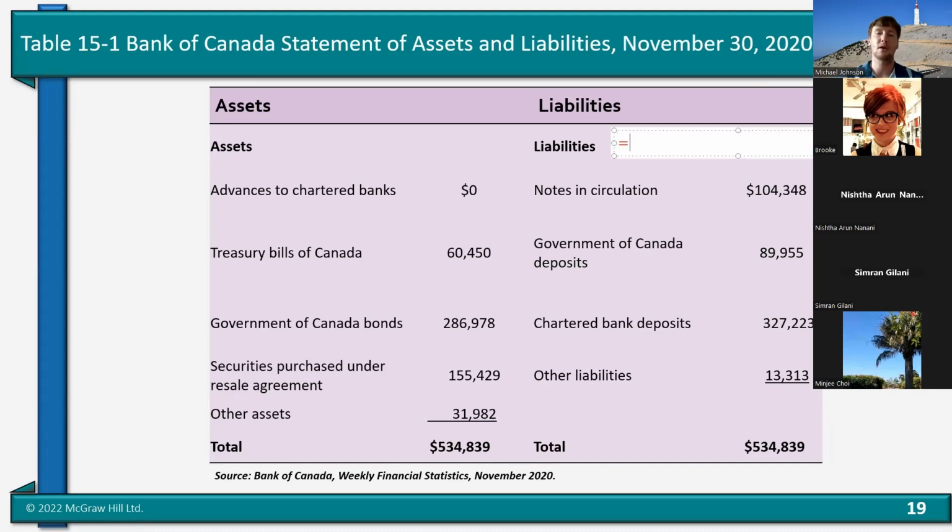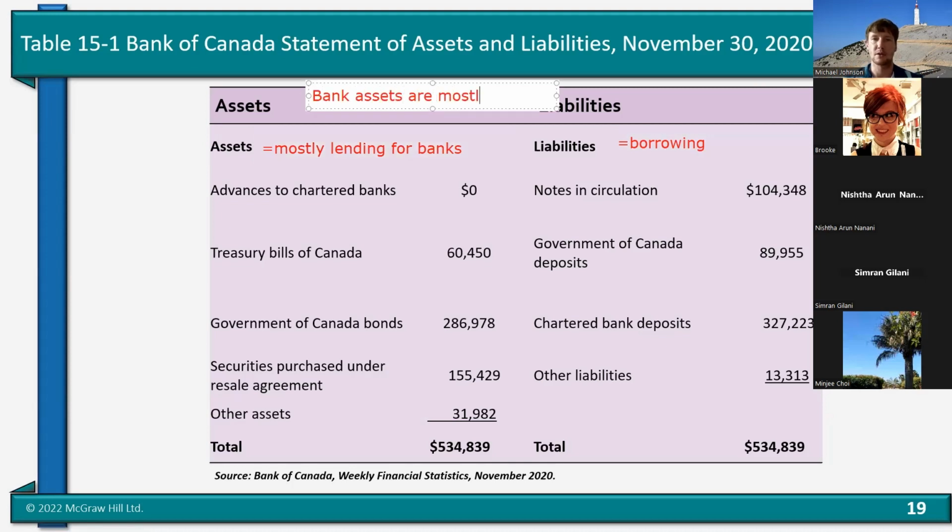So liabilities are borrowing, and assets are mostly lending. Bank assets are mostly lending, and bank liabilities are mostly borrowing. That's how the balance sheet is made for the most part.